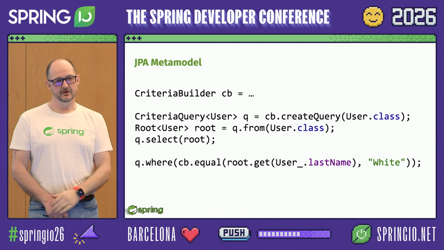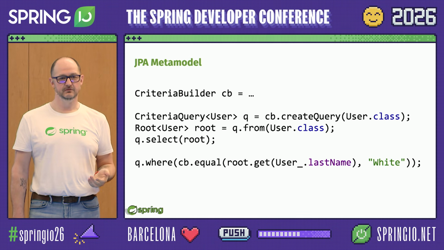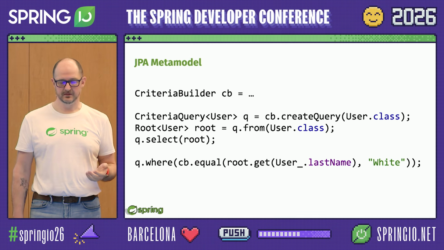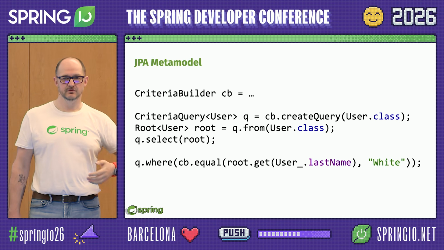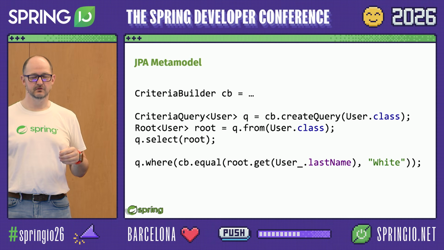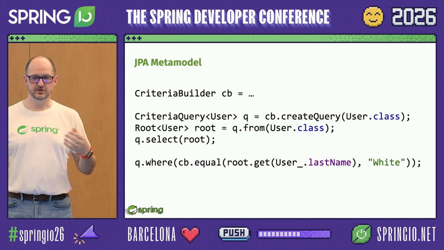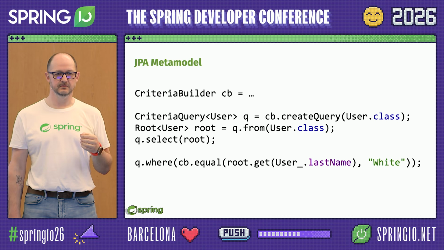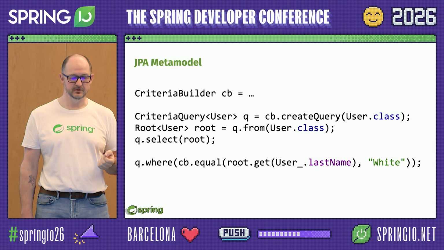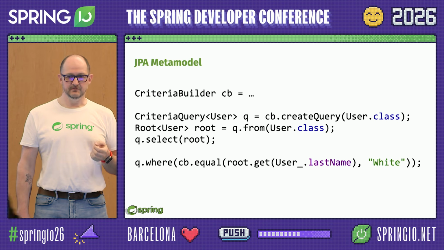So in JPA, you have the possibility to leverage the JPA metamodel, essentially an annotation processor that goes over your annotated or mapped domain model and generates classes that reflect what is being defined in the domain model itself. It gives you a level of safety.